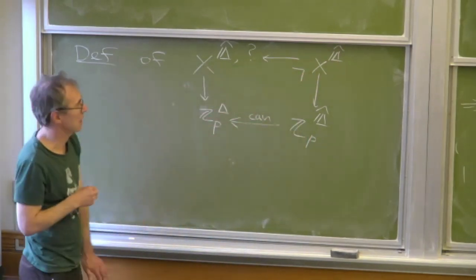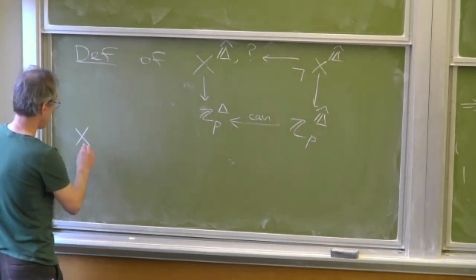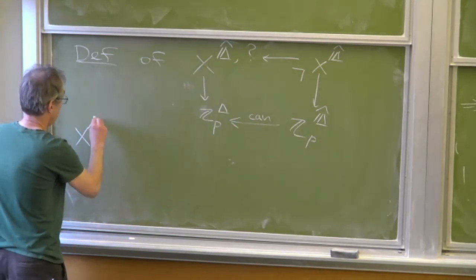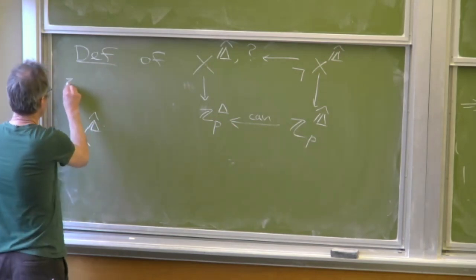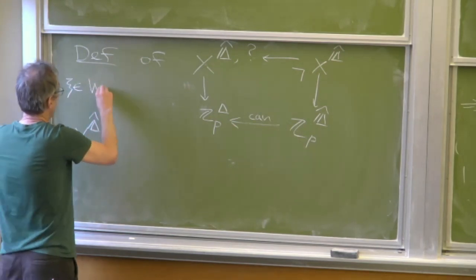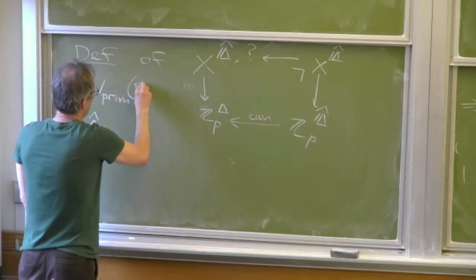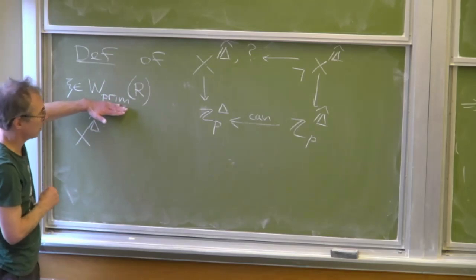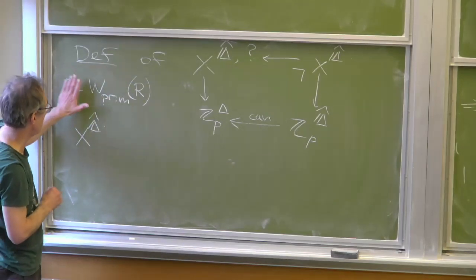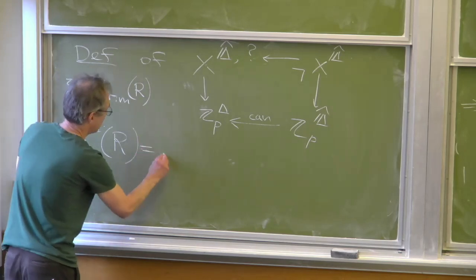So definition. Let's take some C in primitive. Usually it's not strongly primitive, just any primitive vector. And I will tell you what the coincidences are.